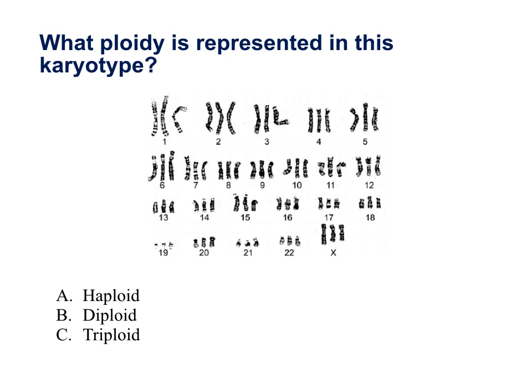Now here is a karyotype, and you have to tell me what ploidy is represented in this karyotype. Haploid, diploid, or triploid. Again, seeing if you got that concept. And I think you can see that here, triploidy is the result of an extra set of chromosomes. This can occur when 2 sperm fertilize 1 normal egg, or a diploid sperm, that had a strange event during meiosis, can fertilize a normal egg.